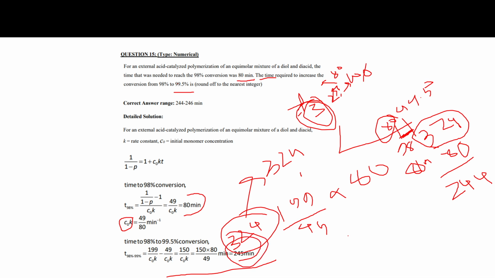Okay. So in that question it is given that the time required to increase the conversion from 98 to 99. Yes, sir, same question.